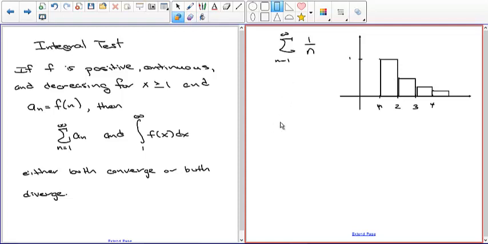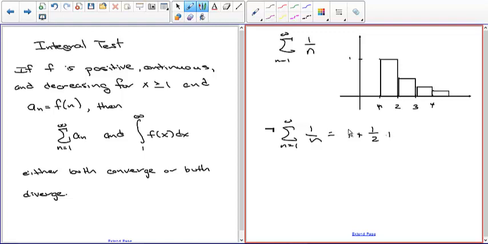So if I did this, how do you represent this? Let me just write it out if you still don't believe me. The sum of 1 over n is going to be equal to 1 plus 1/2 plus 1/3 plus 1/4.